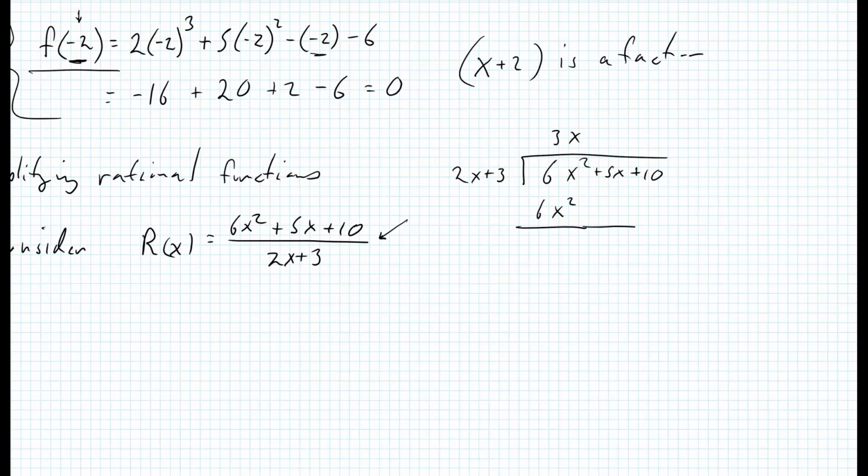And 3x times 3 is 9x. I'm going to subtract this. So I get my 0 as expected, as hoped. And 5x minus 9x, well, that's a minus 4x. And I bring down the 10, plus 10.